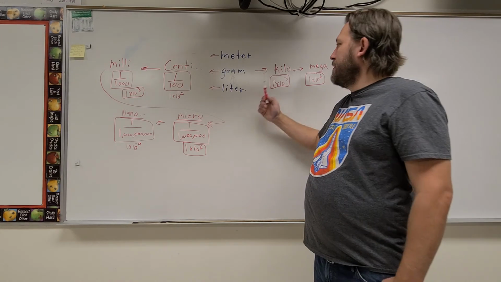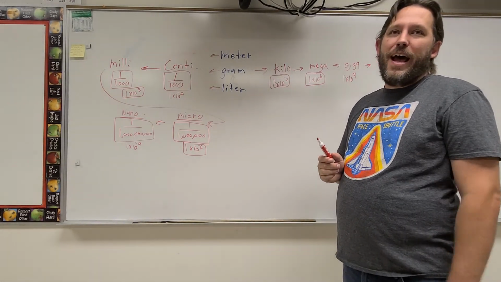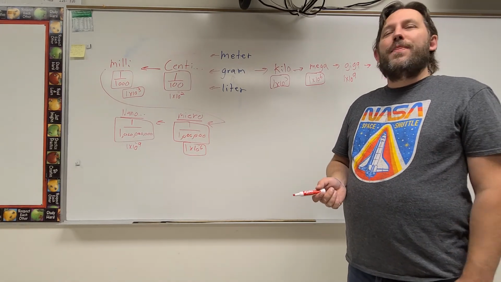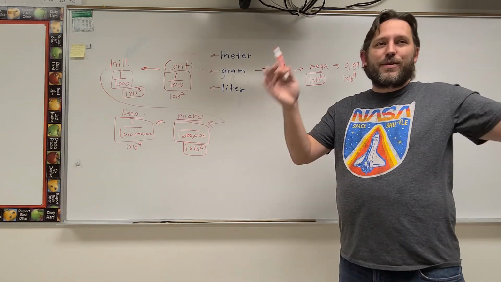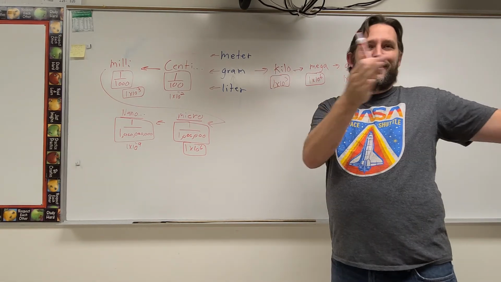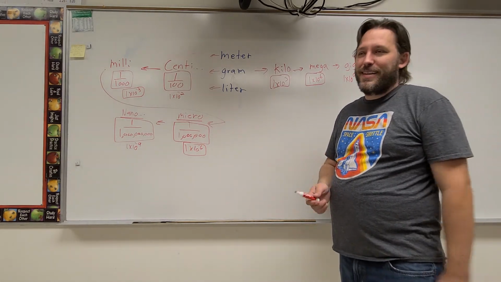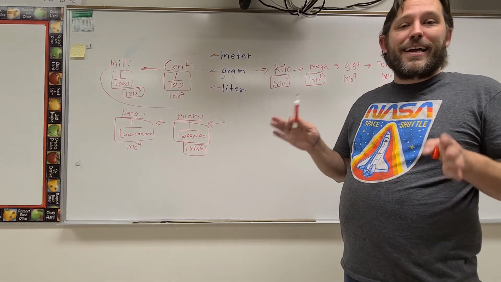For these type of measurements, we tend to stop here. If we go anywhere beyond here, we tend to start talking in terms of astronomical units. Like we'll say 1 AU, which is a weird measurement. It's basically the distance between Earth and the Sun, and we start measuring things in Earth-Sun distances. Once we get bigger than that, we start talking about light minutes and light hours and light seconds. I'm not going to put those up there because those aren't clean numbers that we use.